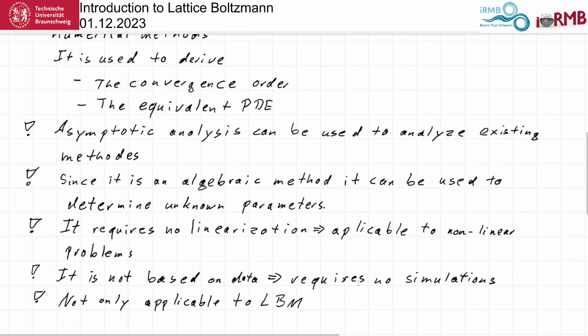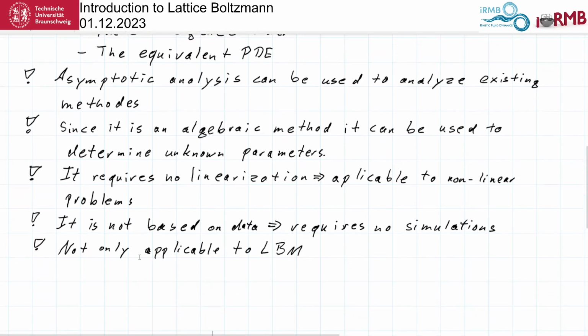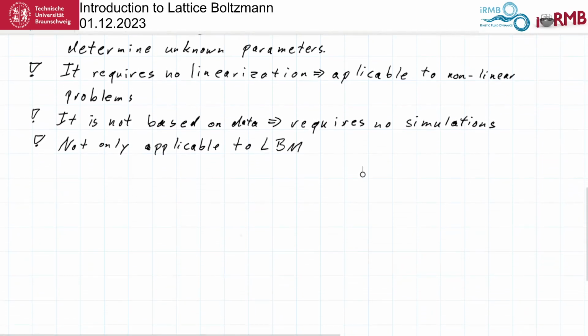As I said, it's not based on data, not at all. And it is also not only applicable to the Lattice Boltzmann method. So actually, I always think that other people should use such a method too. Some do. It's not completely common in other fields. Okay. So after this, let's jump into the lecture.